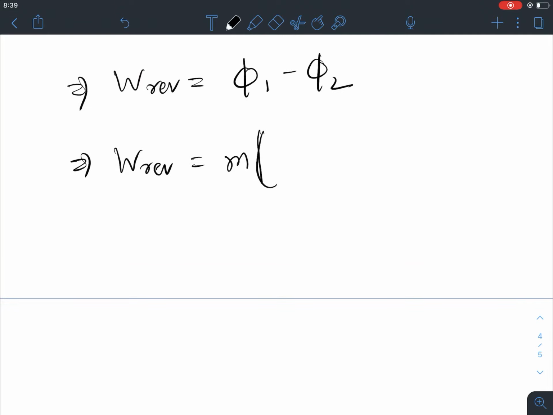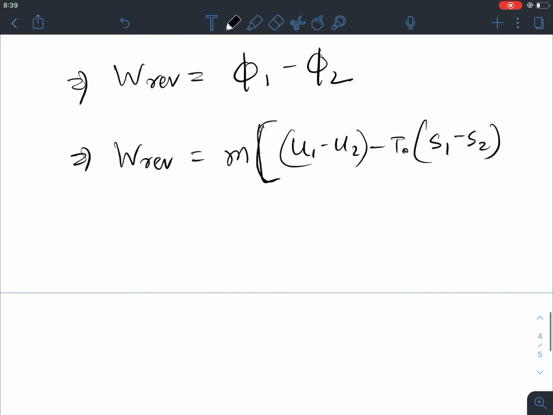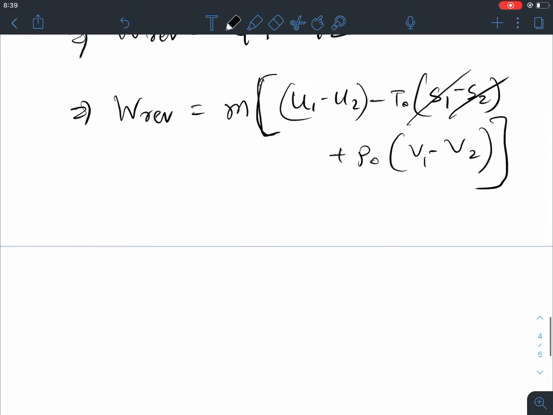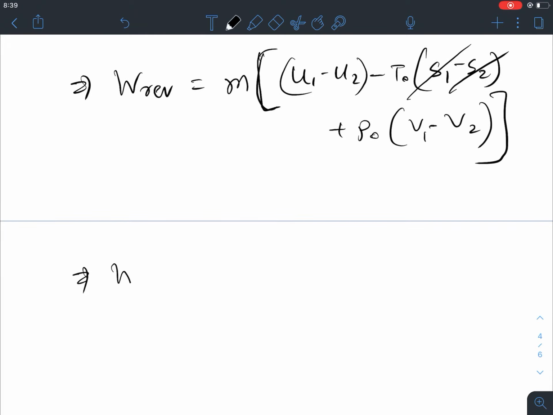So phi 1 minus phi 2 is nothing but the mass times (u1 minus u2) minus T naught times (s1 minus s2), plus P naught times (v1 minus v2), right?